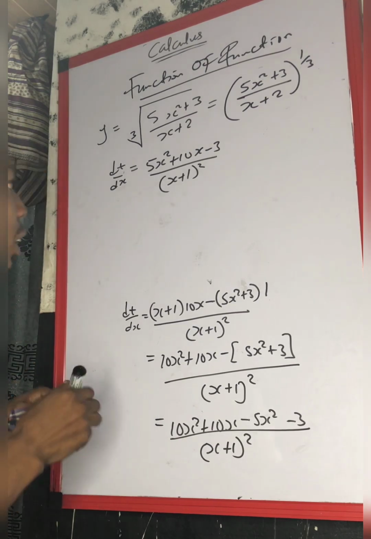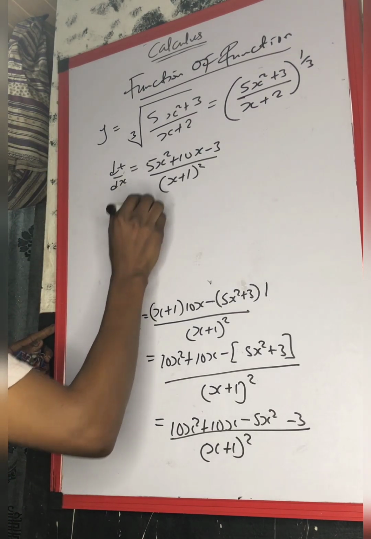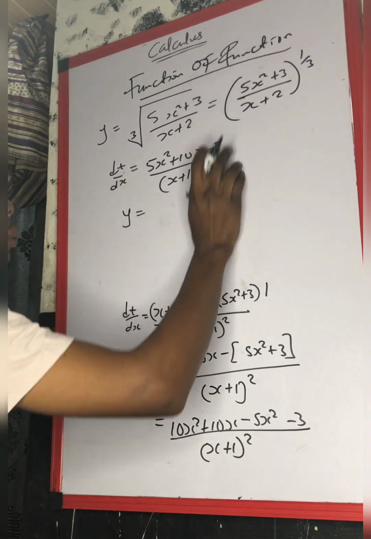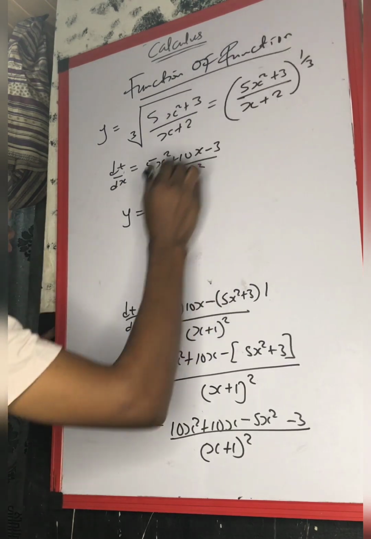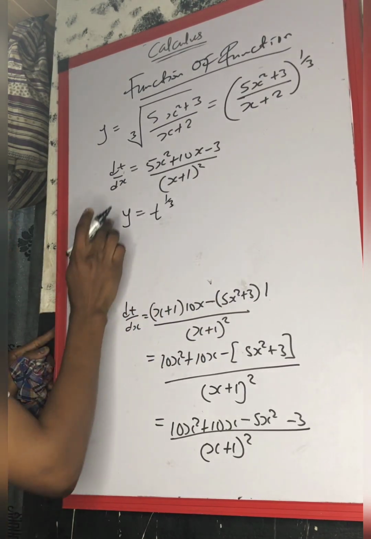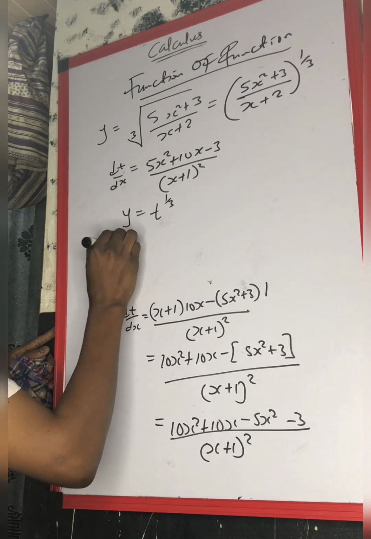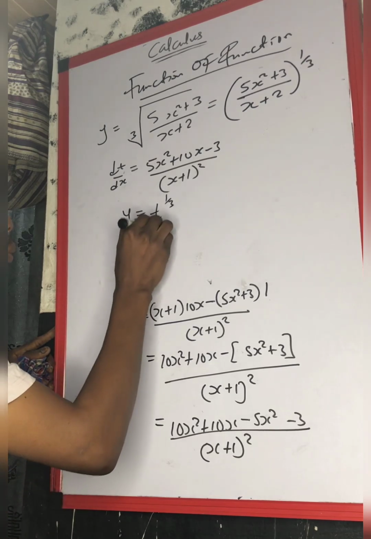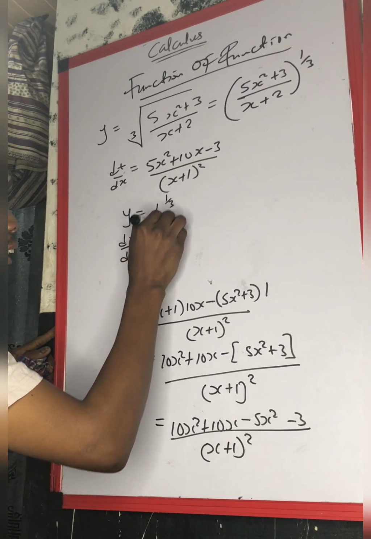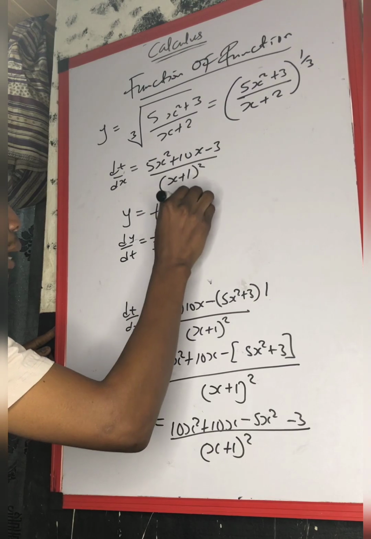We've only succeeded in getting dt/ds. So this time around, our y will be equal to everything inside this bracket, written as t raised to 1 over 3. So dy/dt is written as 1 over 3, then t to the power of 1 over 3 minus 1.